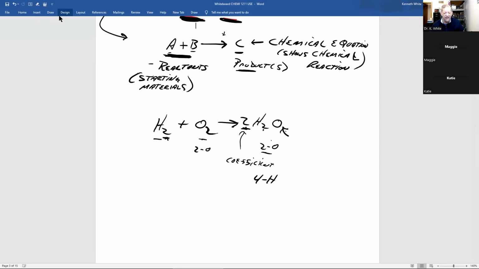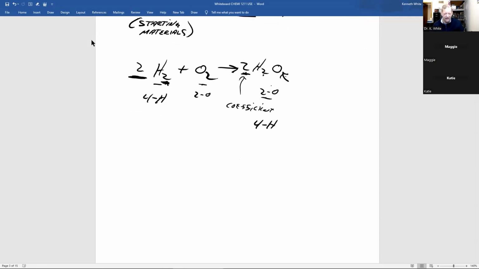But on this side, we only have 2, and we need 4 hydrogens. How do we do that? You change the coefficient. Well, if this has 2 hydrogens and I need 4, 2 into 4 is 2. And now let's check. I'm going to rewrite it so it looks nicer.